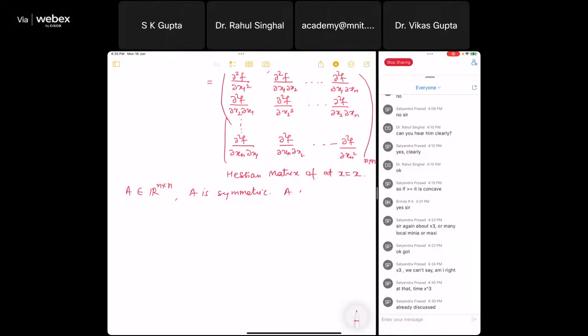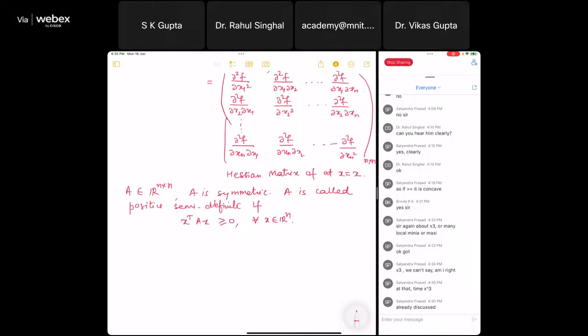Then A is called positive semi-definite if x transpose A x is greater than or equal to 0 for all x in Rn.